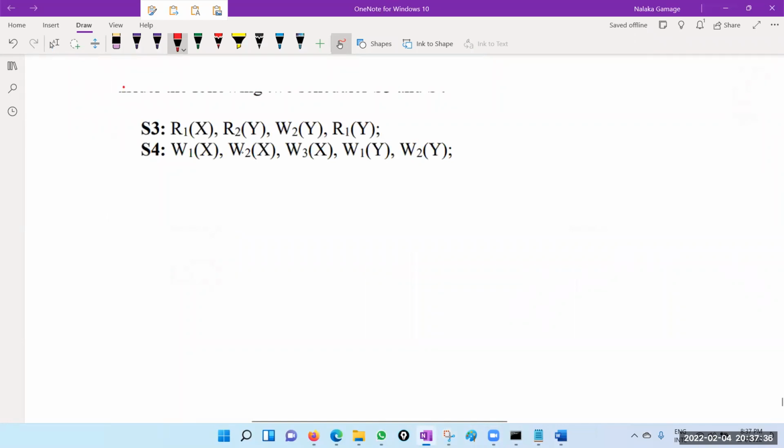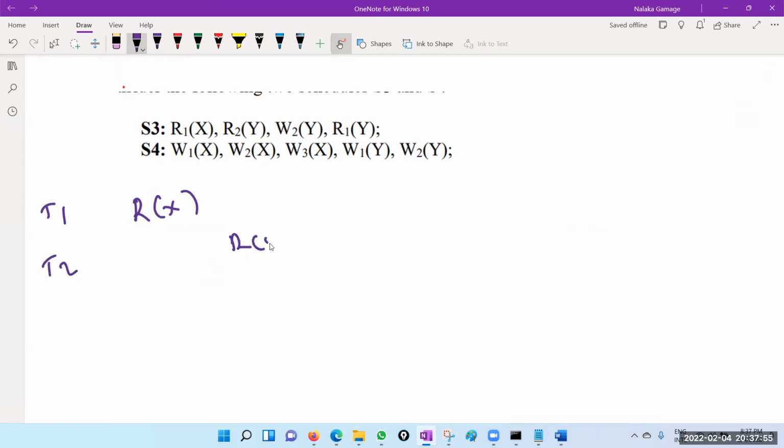So this is a small one. Schedule 3, let's do it. This is read 1X, then transaction 1, transaction 2, read 2Y, write 2Y, read 1Y. If you go for locking, transaction 1 will get the shared lock.